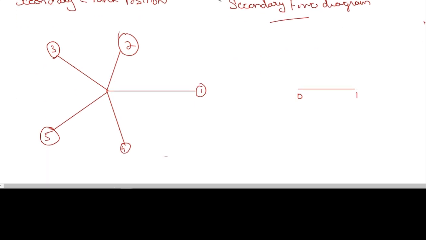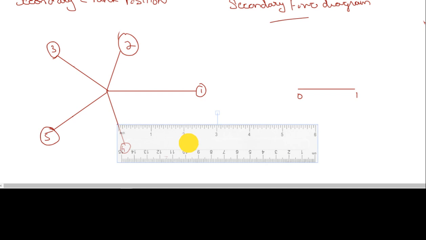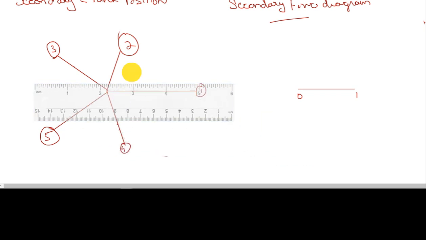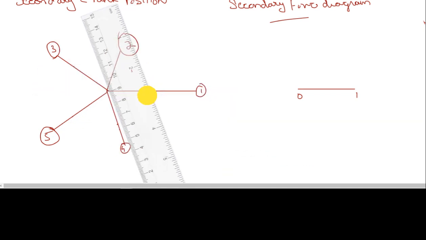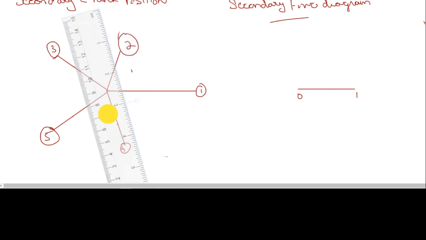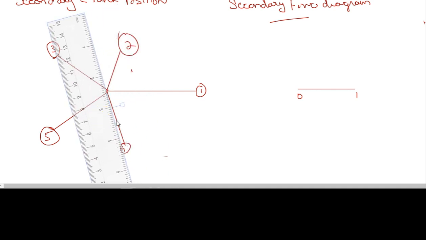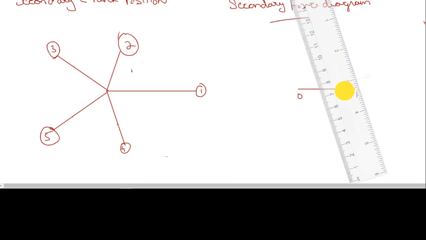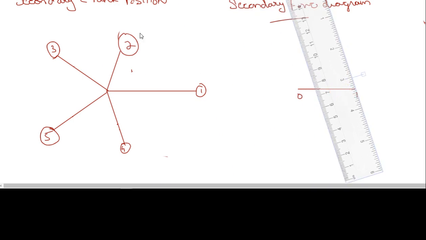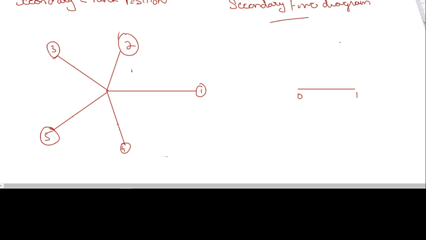But here the 4 is not at 144. 4 is here according to the secondary crank position. So align your rolling scale with the fourth crank in the secondary crank position. Draw it from here. So this will be 4. All are of equal lengths of 0.075 because all the forces are the same. Only the angles remain a little different.